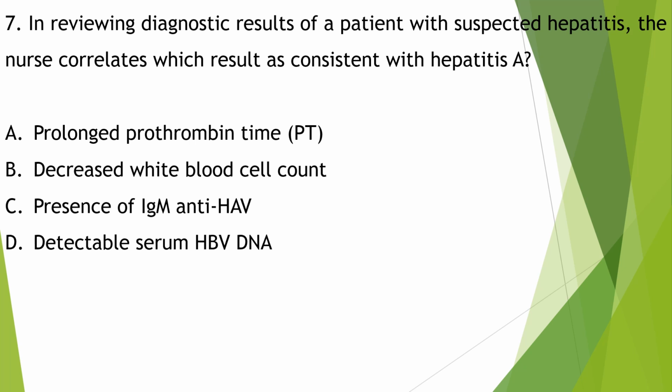The most definitive diagnosis of hepatitis A is through a blood test for the presence of anti-hepatitis A immunoglobulin M, IgM anti-hepatitis A virus. Acute hepatitis B occurs after an incubation period of 4 to 10 weeks, and chronic hepatitis B is diagnosed by detectable serum hepatitis B virus DNA levels and persistent elevation of ALT and AST levels.